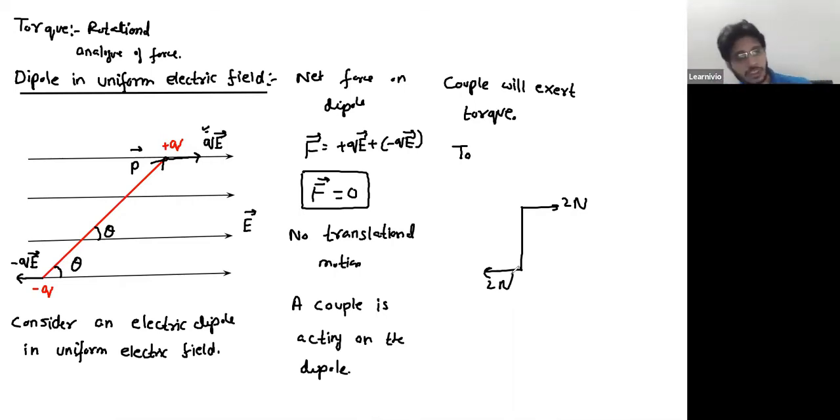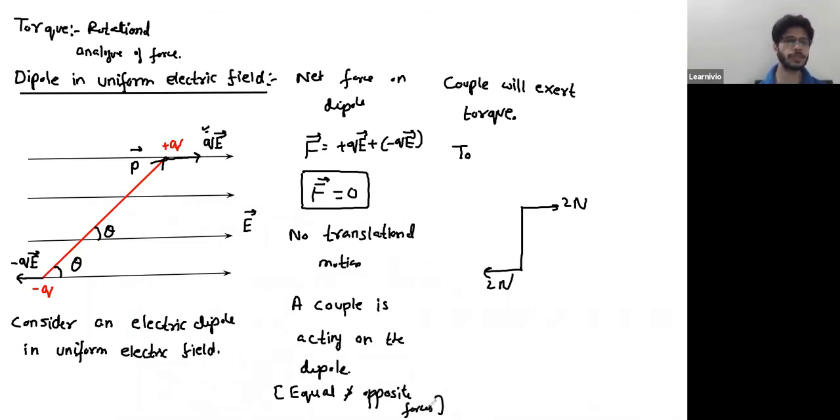So couple doesn't mean charge here. Couple means equal and opposite forces. In class 11, chapter number 7 was rotation. In rotation, you must have done these terms like couple, torque, and all.